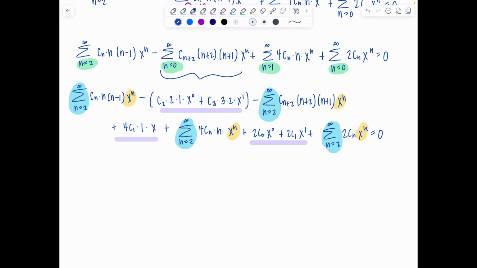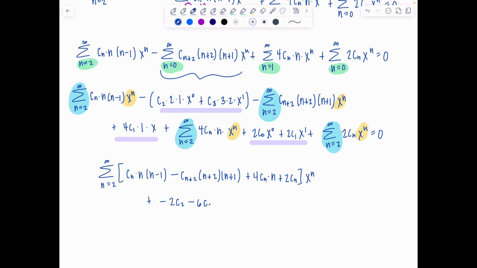Okay, so we've got the sum n equals 2 to infinity Cn times n minus 1 minus Cn plus 2 times n plus 2 times n plus 1 plus 4Cn times n plus 2Cn, all times x to the n, plus the little random guys: minus 2c2 minus 6c3x plus 4c1x plus 2c0 plus 2c1x, this all equals 0.